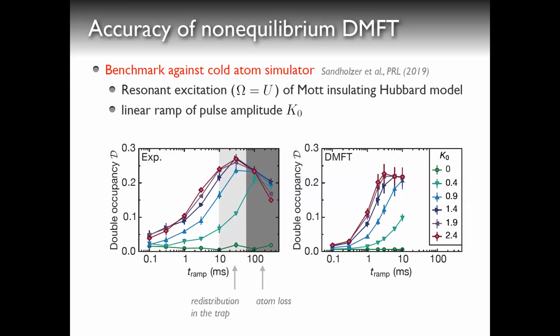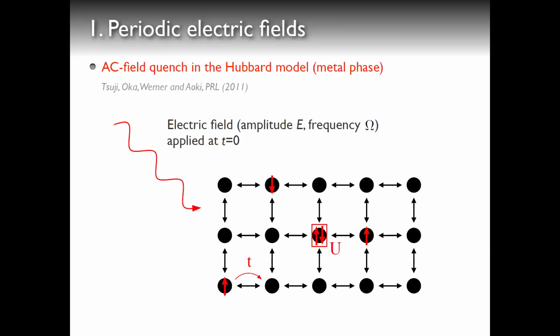But apart from this uncertainty, you see there's perfect agreement between these two, which gives us some confidence that non-equilibrium DMFT is a powerful tool which can give us quantitative results for highly non-equilibrium states in strongly correlated systems. And so with this, I now switch to the two small examples that I want to discuss.